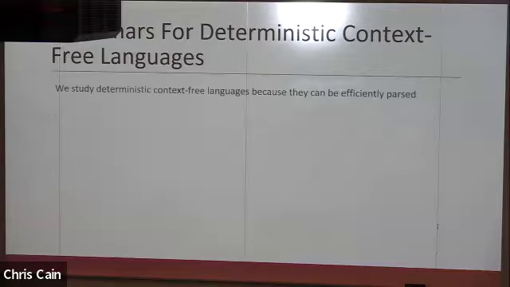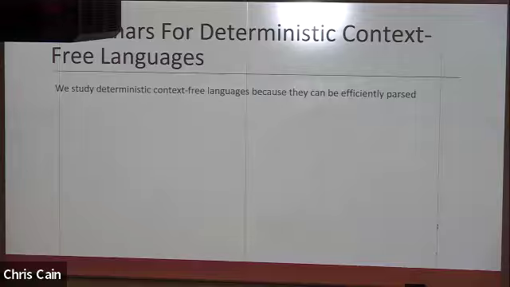So reasons to study DPDAs, deterministic context-free languages, is by definition, they can be efficiently parsed. There exists an efficient parse for every deterministic context-free language. So if you have a context-free grammar and you ask the question, can I make this non-deterministic grammar deterministic? If you can make it deterministic, then you know an efficient parse exists.